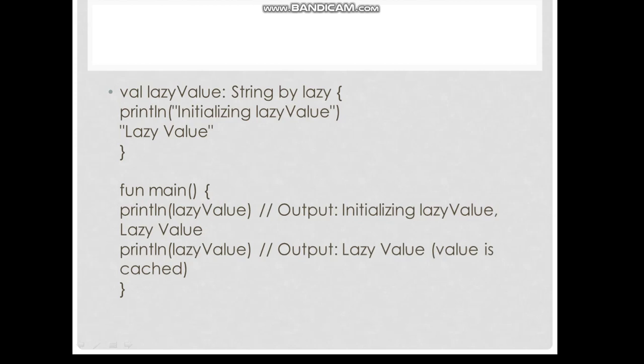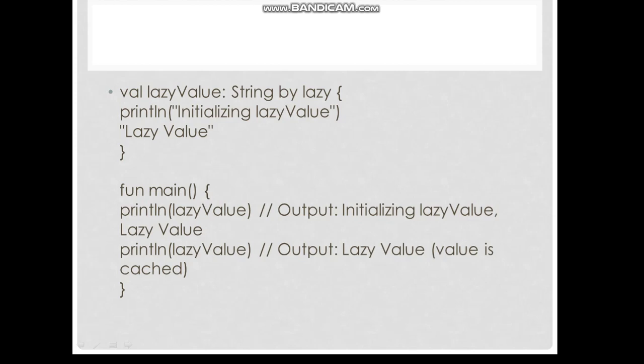In the second println, it has cached the value, and that cached value is printed. So in the first call it initializes the value, and in the second println it uses that cached value.